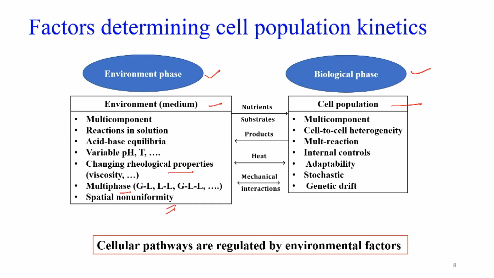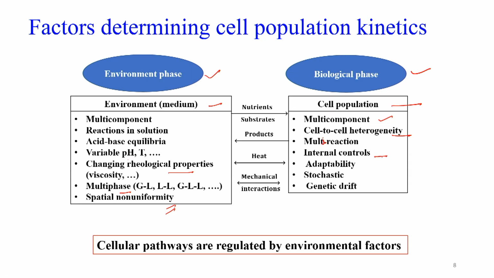Now, when it comes to the cell population, again it is considered a multi-component system. Each cell has n number of parallel biochemical reactions, and there is cell to cell heterogeneity. So, all the cells are not in the same growth phase, and as I told, we are going to have multiple reactions taking place at the same time.